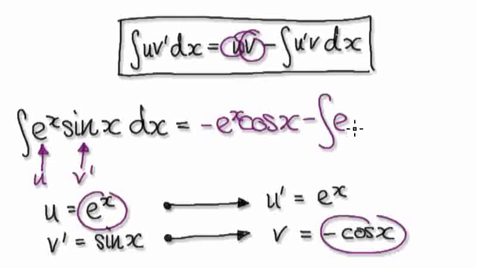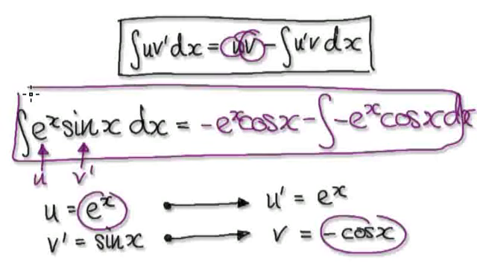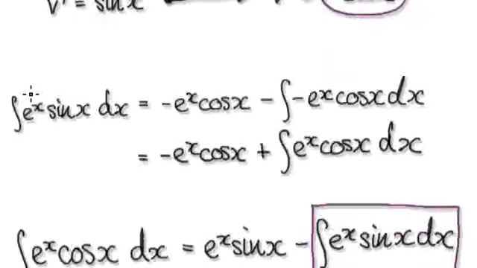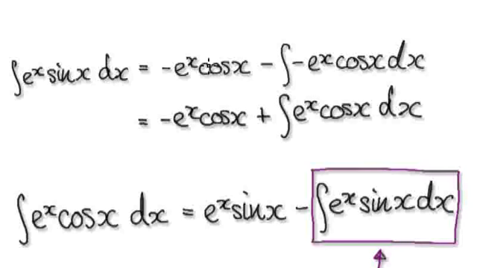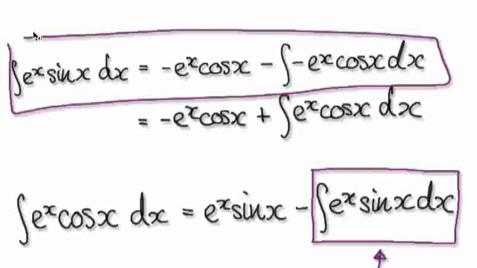So u prime is here, e to the x, and then the normal v here would be minus cos of x. So this minus here is here, and then we've got our dx here. So this thing here is this thing here. That will then take us to here.